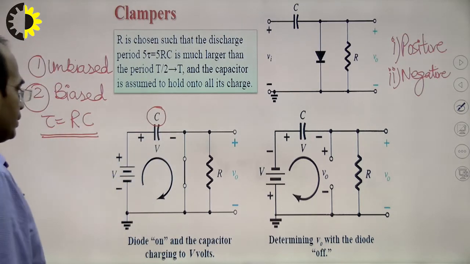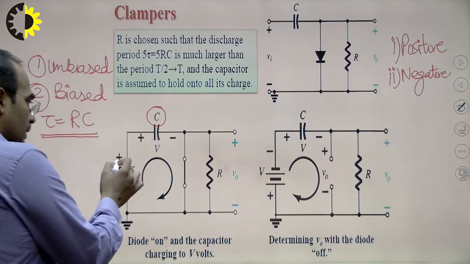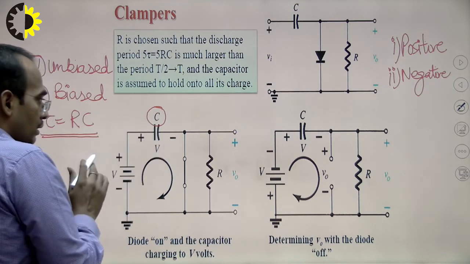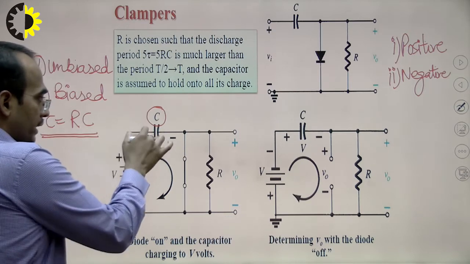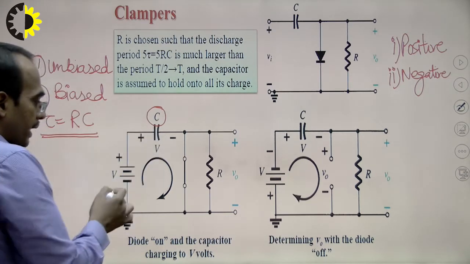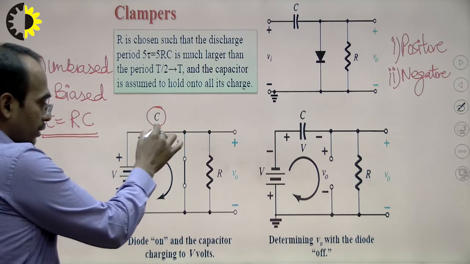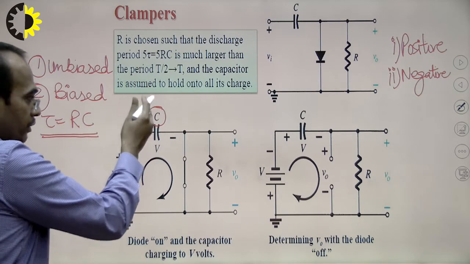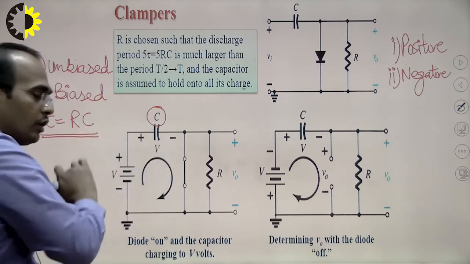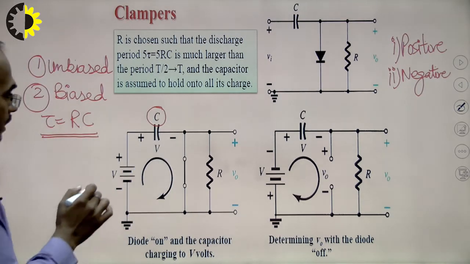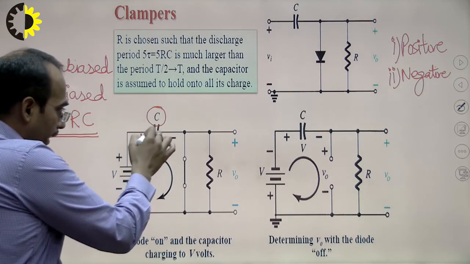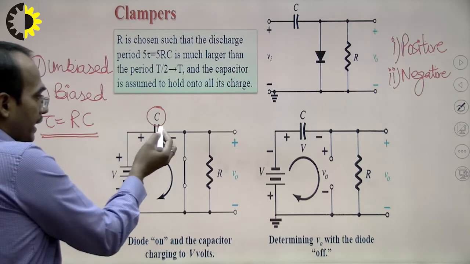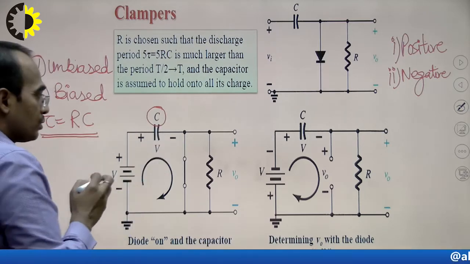Okay, how will it charge? The positive terminal is connected to this capacitor plate, and the negative terminal of the battery is connected to the other plate of the capacitor. So positive charge will start accumulating here, and negative charge will be stored here.